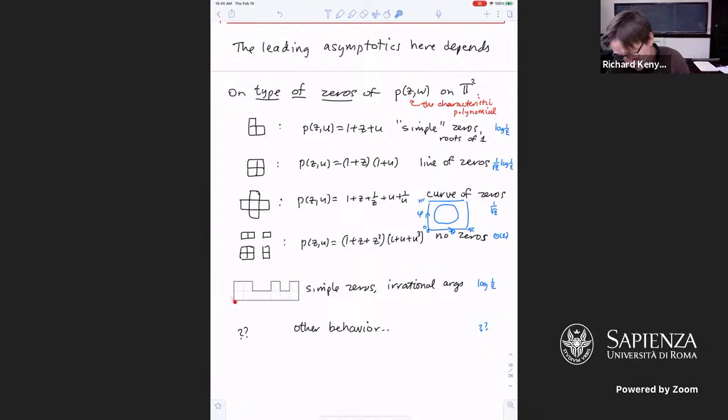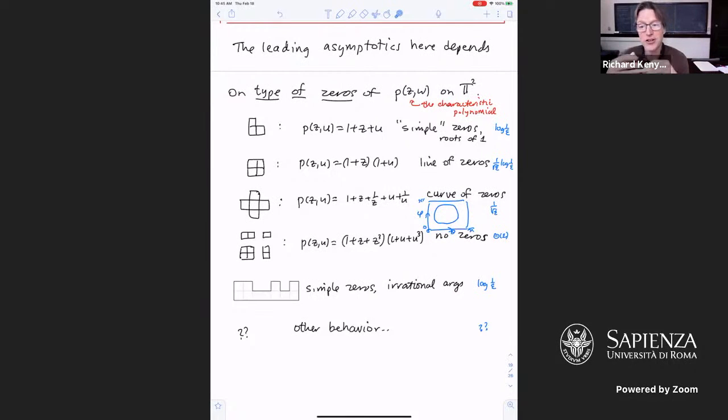Here's one slightly more mysterious example. For this polyomino, its characteristic polynomial, which you can write down, does have simple zeros, but the zeros have irrational arguments.